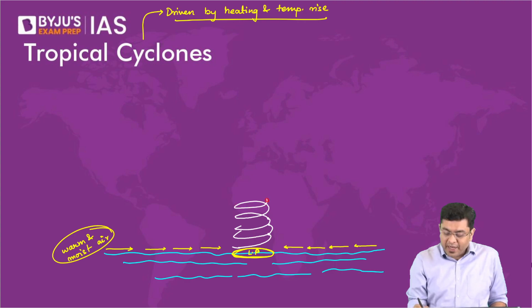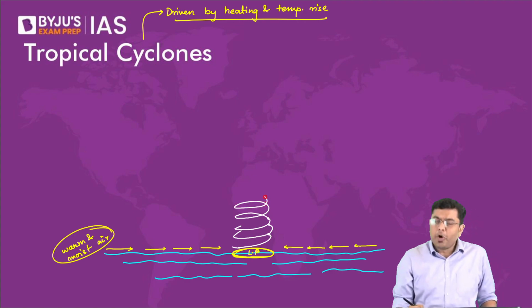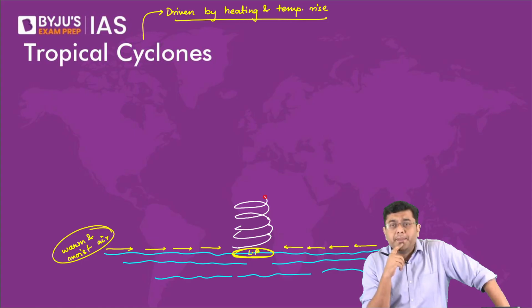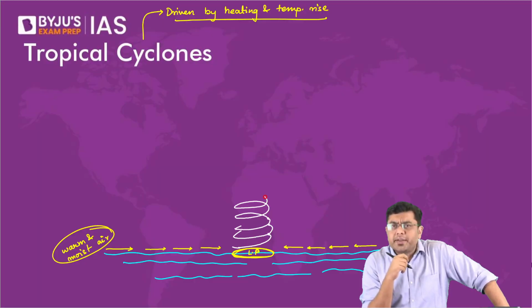Now, as it rises in a circular manner, what will happen to the temperature of the air? Temperature will reduce. Now, this is a moist air that we are talking about, so condensation will be very easy. Immediately, condensation will start happening because it is already very moist.